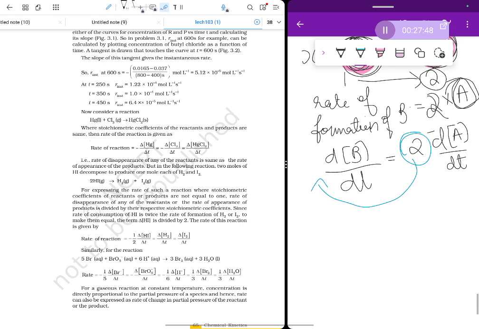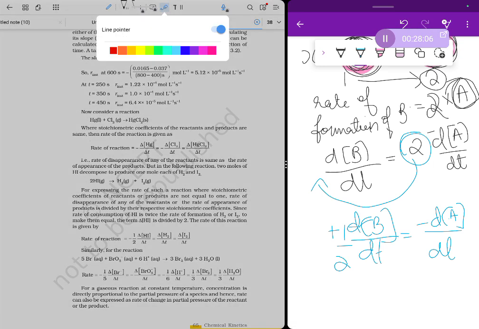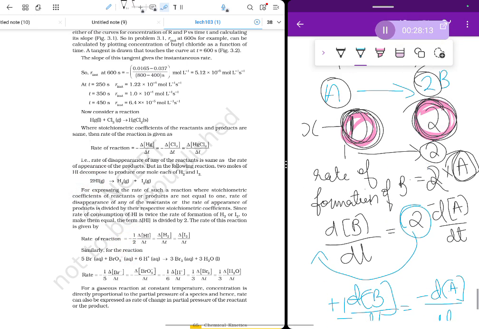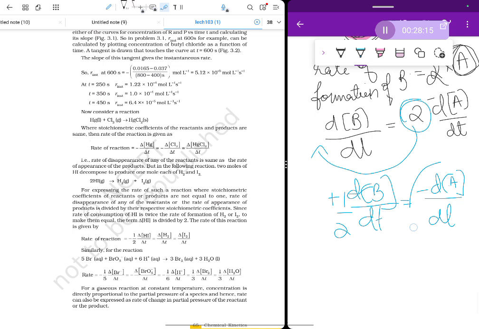If you put it here, plus dB by dt times 1 by 2 will be equal to minus dA by dt. So this is the same, right? See, the same as what we are doing here. Here what they are doing, it was 2, they divided by 2. Here it was 2, we also divide it, so they are also dividing it.